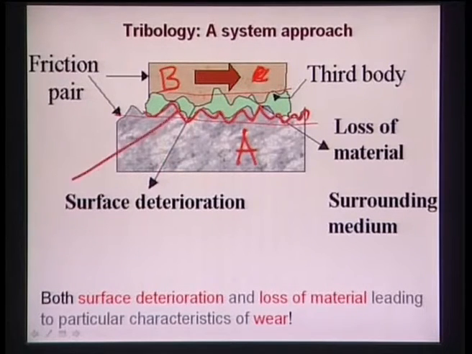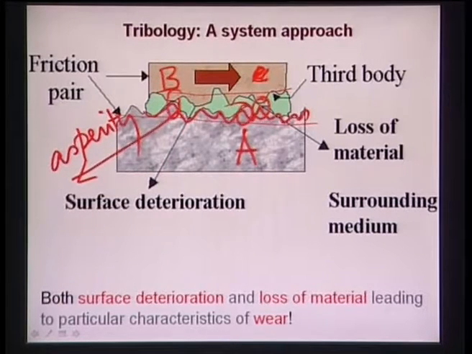So this is one asperity, and then the other asperity is, for example, this or this. So each surface contains capital N number of asperities, whether it is a flat body or a ball surface. Now tribological interaction actually takes place in these asperities.